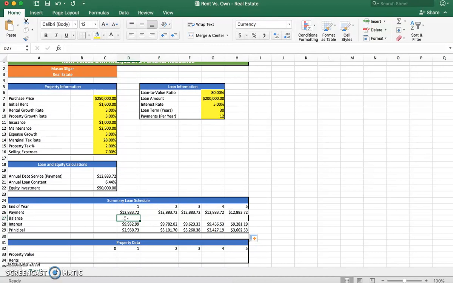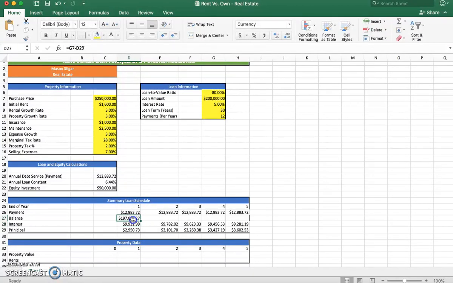So that's going to be our initial loan amount, $200,000, minus the principal here. All right, so loan amount minus principal. Perfect. All right, so that's about everything that we need from the summary loan schedule. We'll be coming back to that later as well.